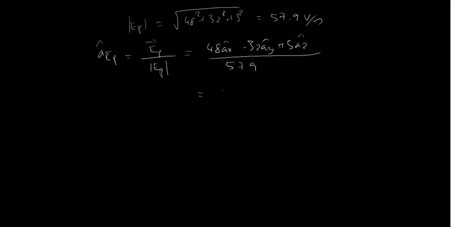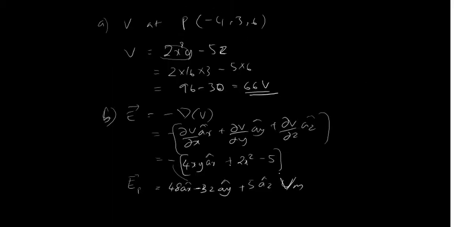So dividing, you will get 0.829 AX cap minus 0.553 AY cap plus 0.086 AZ cap. Okay, so this is the direction of E.